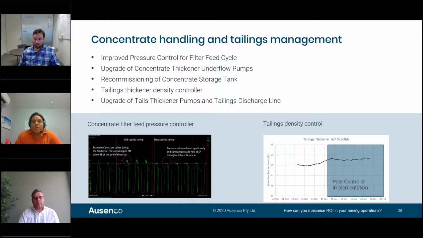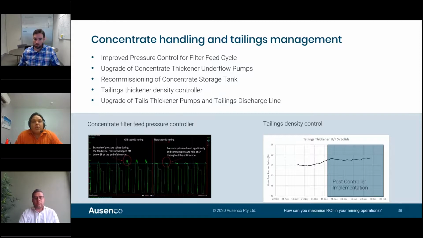With the upgrades in throughput in the upstream units, we had also upgraded the tails thickener pumps and tailings discharge line because this became the bottleneck. And other improvements worth mentioning have been a noticeable increase in maintenance PMs, warehouse upgrades, and process consumables rates reductions through the use of control loops.